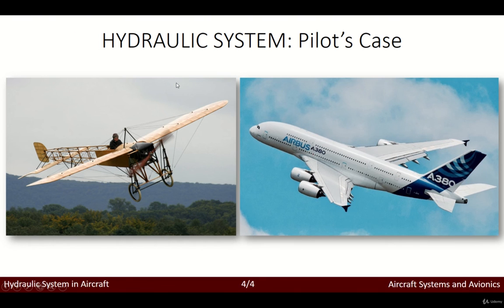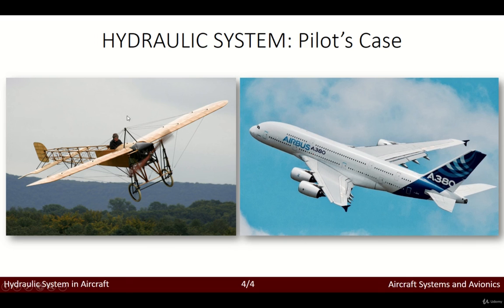Right, so again, I just wanted to remark this idea by having this bit of an example. The idea is that traditionally in aircraft, especially in the beginning, there was no transmission due to hydraulic systems, okay?